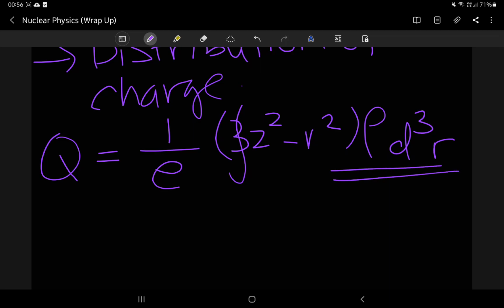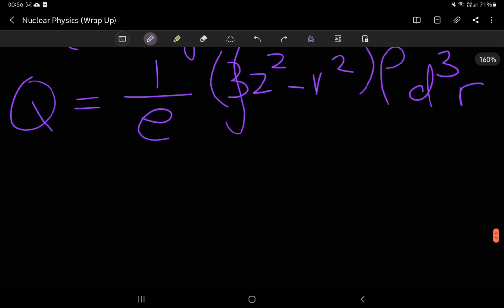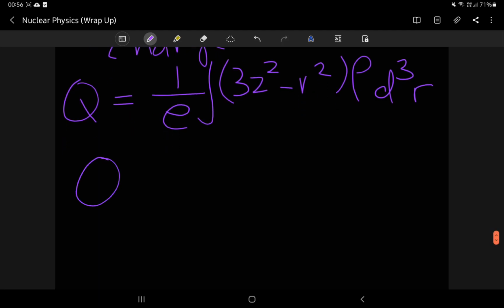So we integrate in 3 dimensions. When we solve the integral, basically we get Q is 2 over 5 Z times b squared minus a squared.